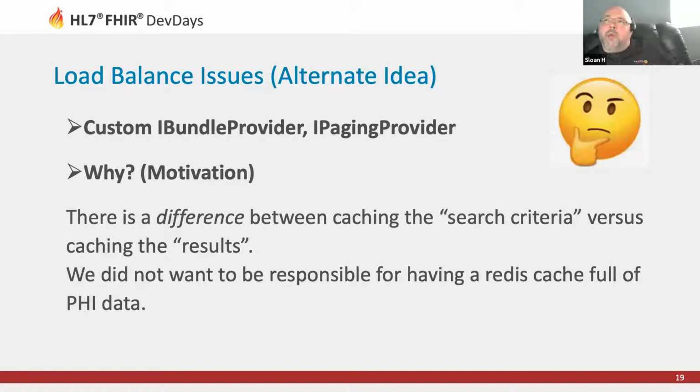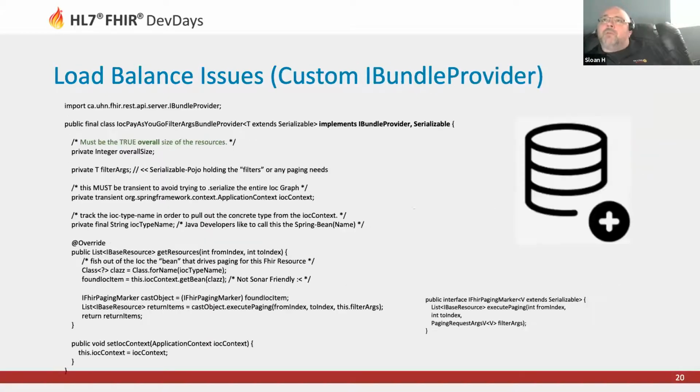We were trying to pay as you go and not overburden the first request trying to get all those 6,700 rows. So we came up with this idea of an IOC pay as you go.